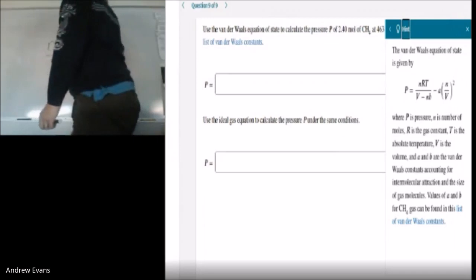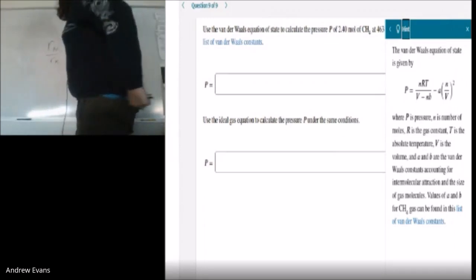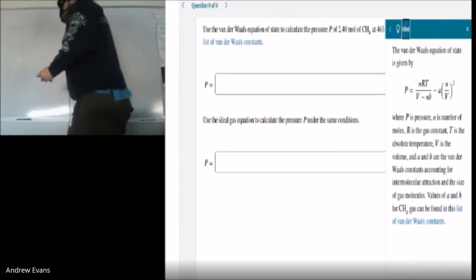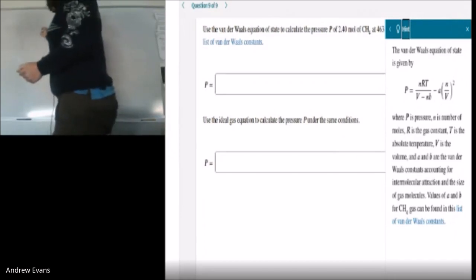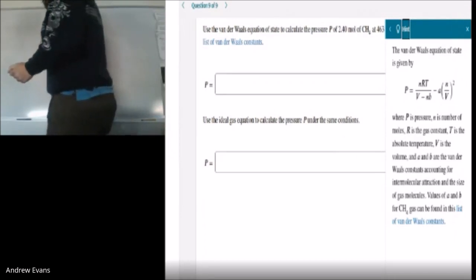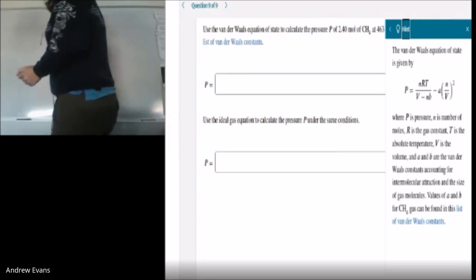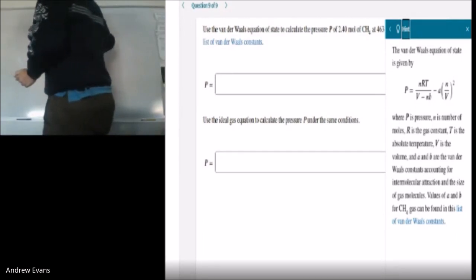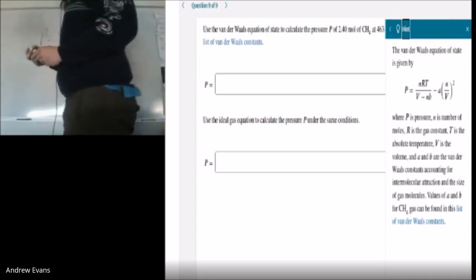So the real gas equation, the van der Waals equation, states pressure equals nRT, all that's the same, divided by V minus nb, that's our modified volume, minus a n squared over V squared. We moved the pressure term to the other side.